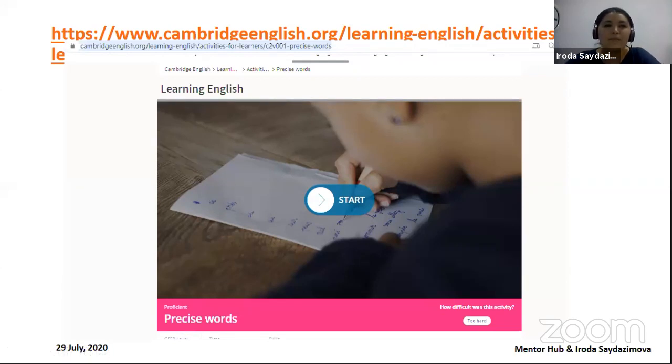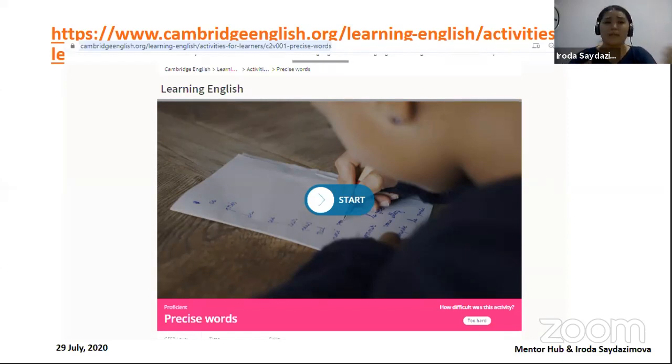So for example, if you go to the source, here you can see that words have their direct synonyms, but you need to remember that not all words are interchangeable, right? Not every synonym can replace the other one in certain contexts. And in order to make sure that you use them correctly, you can go and try these activities by Cambridge English.